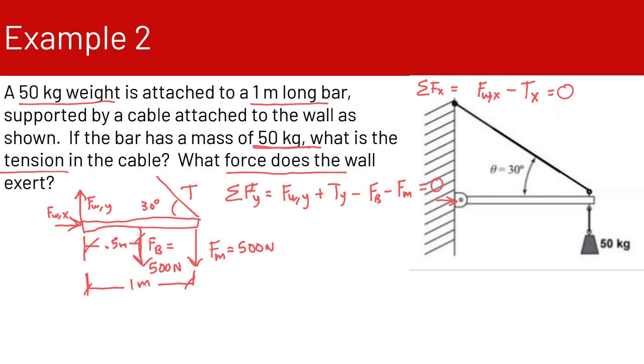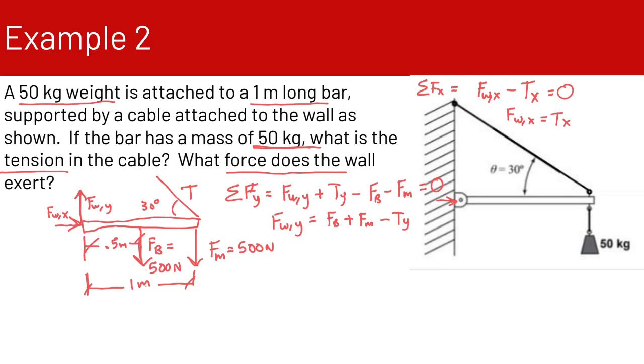Okay, now these are our equations set up. So here we can say that the force of the wall in the x direction is equal to the tension in the x direction. And here we can say that the force of the wall in the y direction is equal to the force of the bar plus the force of the hanging mass minus the tension in the y direction.